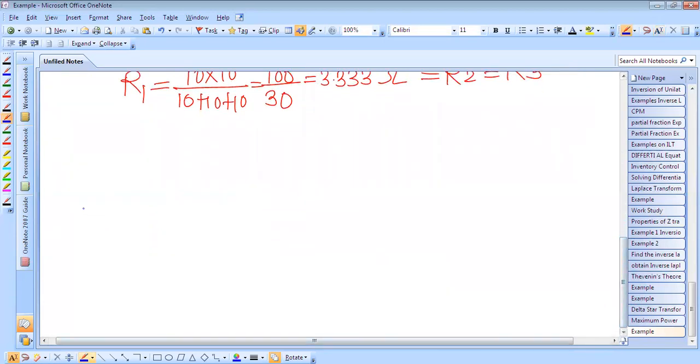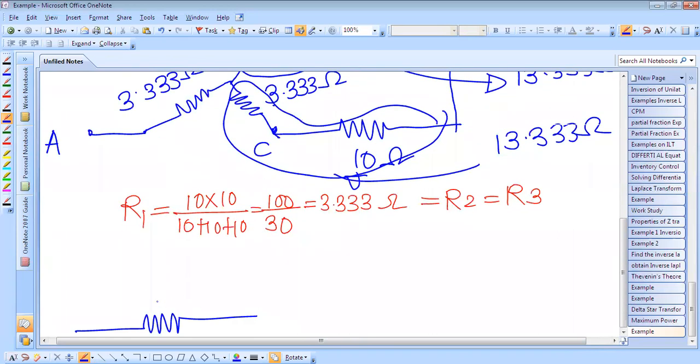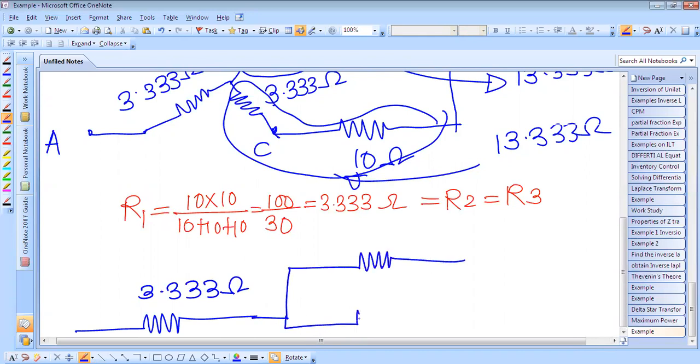So your circuit will become now, how much is this? This is 3.33 ohm, and now this is 13.333 ohm.